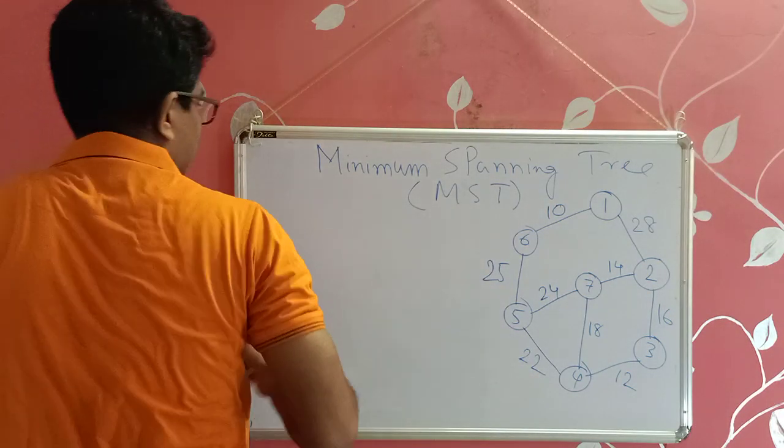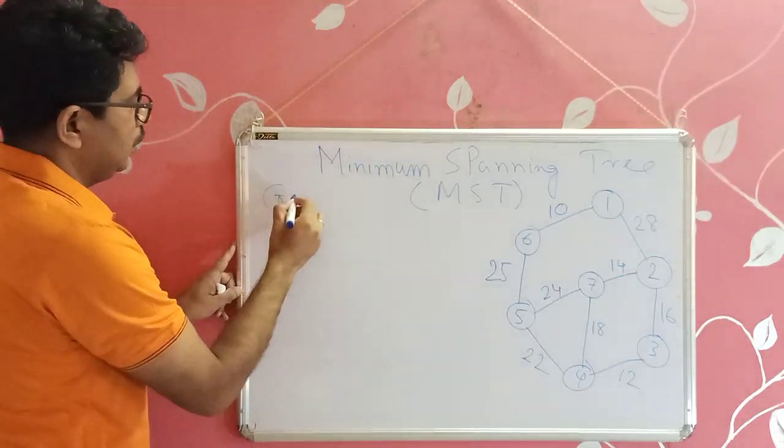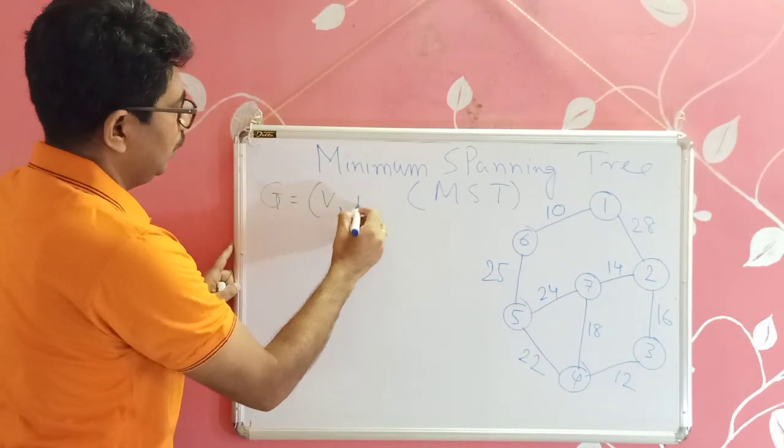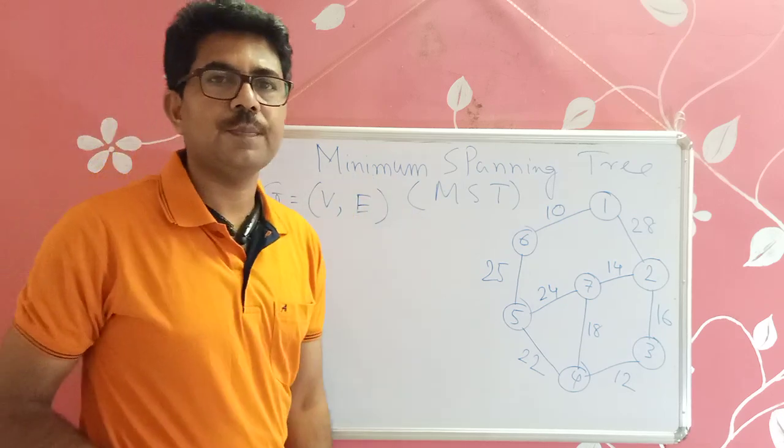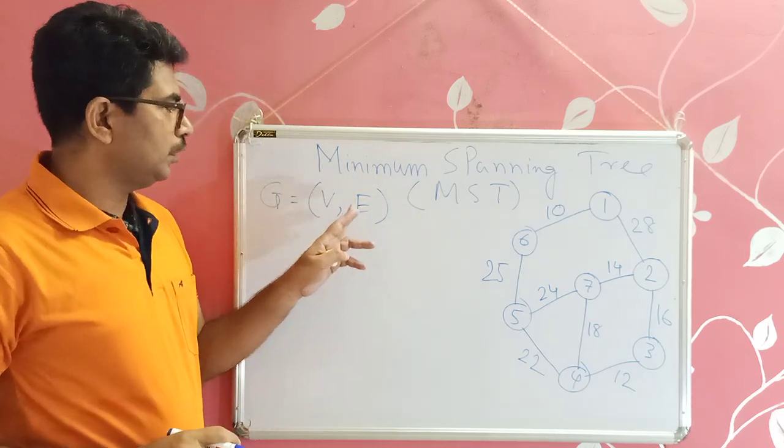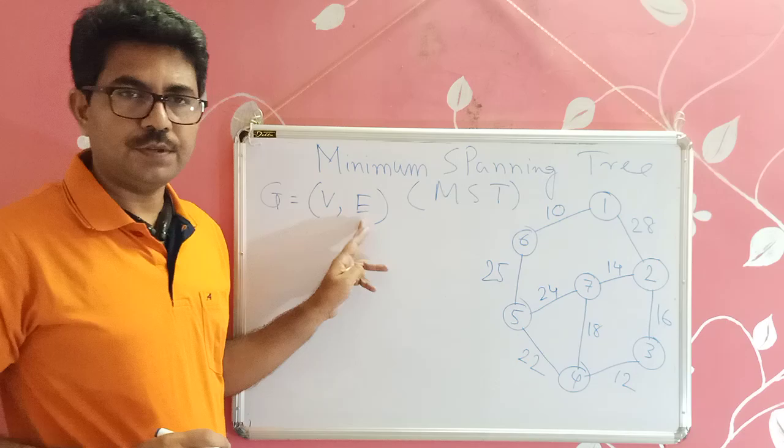Let G equals (V, E) be a given graph. You know V is the set of vertices, E is the set of edges, right?